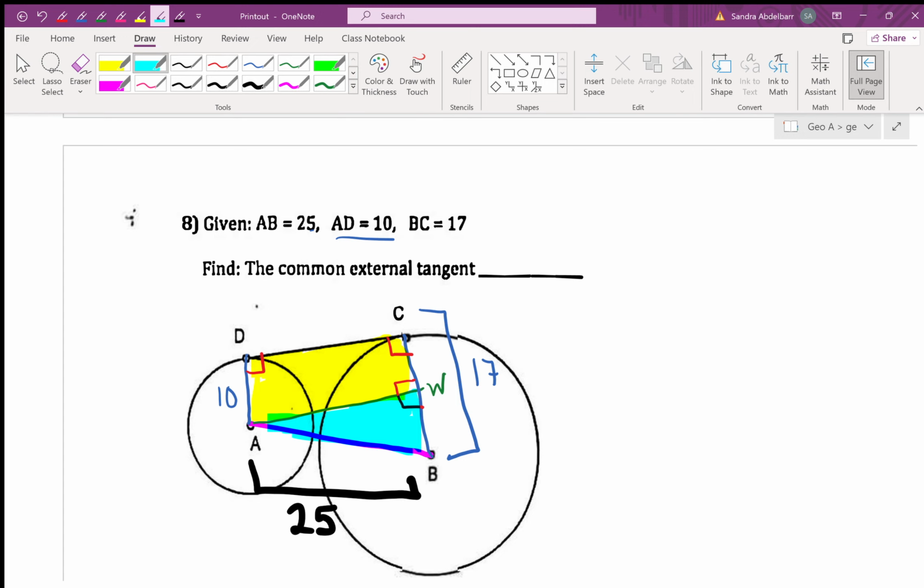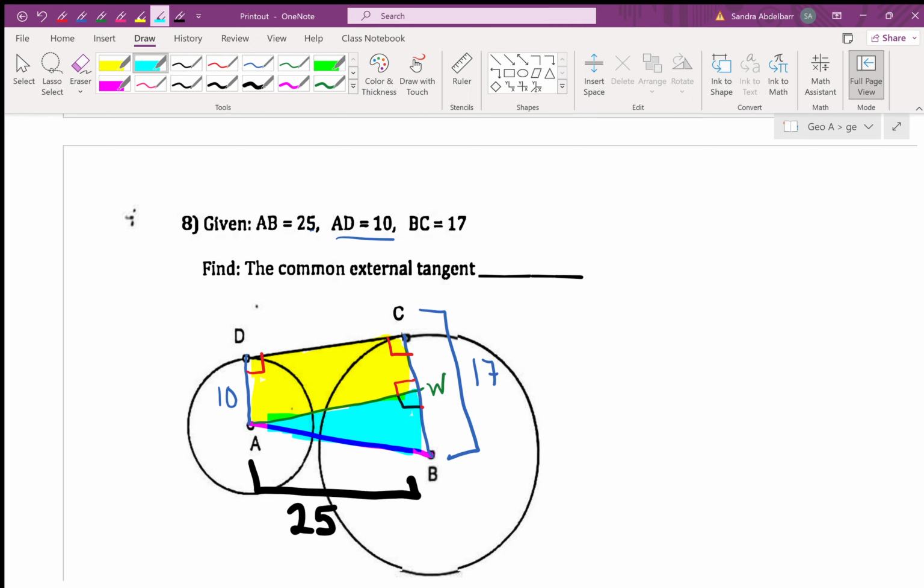That's the common external tangent. Michael, what'd you say? DC. Nice. External tangent. External means outside or inside? Outside. So outside and tangent to both circles. Isn't that DC? That's what we're trying to find, the common external tangent.